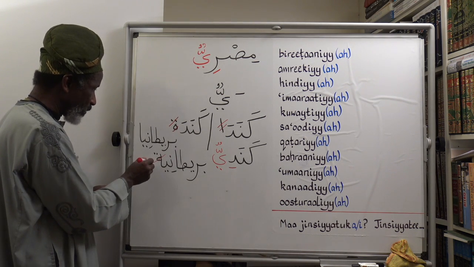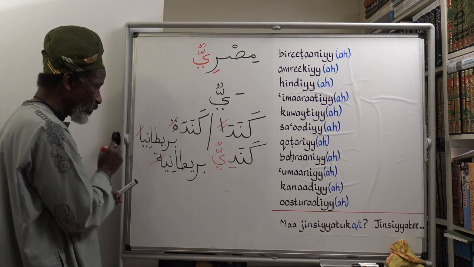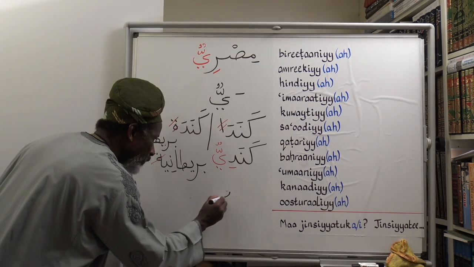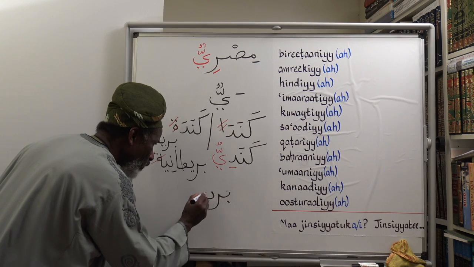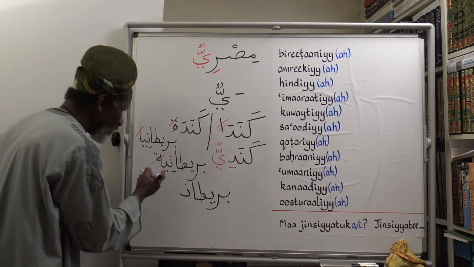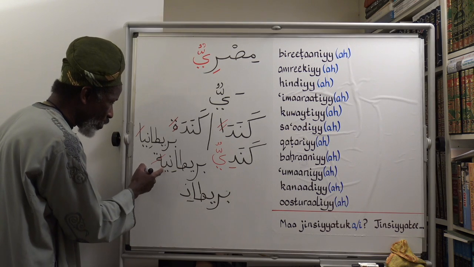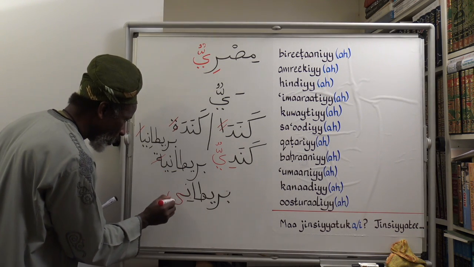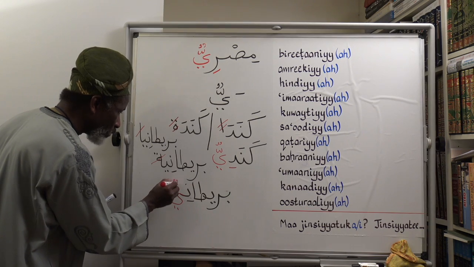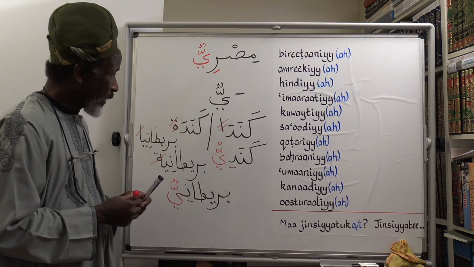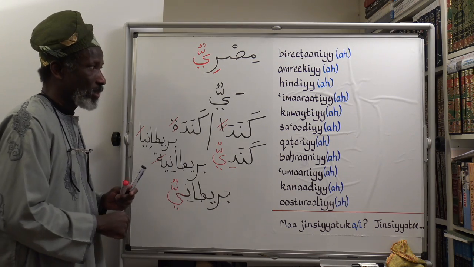You remove this ta marbuta, this alif, and you perform the same. So it becomes Britanni. That's your original ya, you double that, now it becomes Britaniyun. Okay, so that's for male.